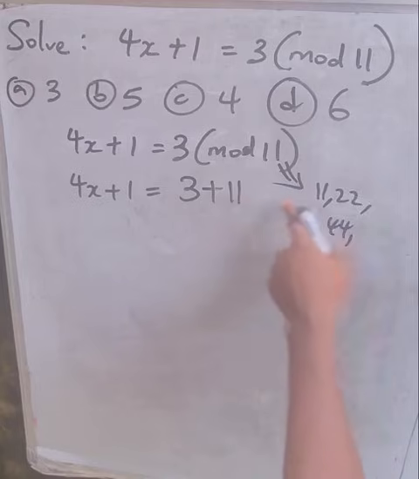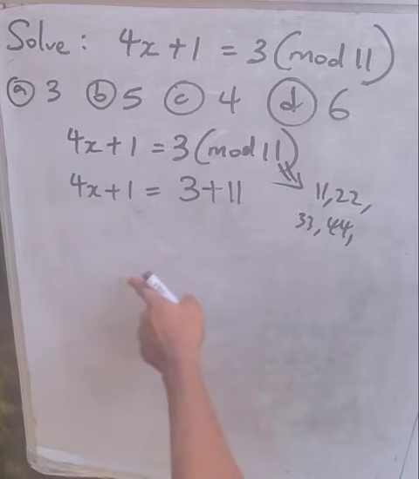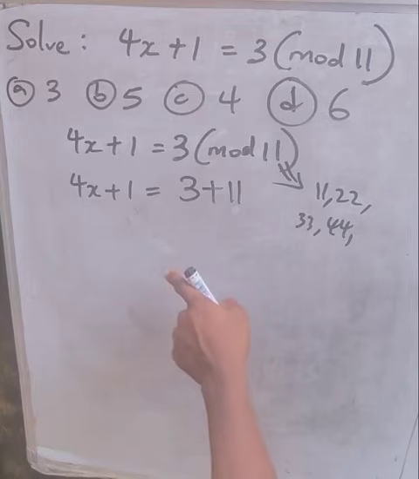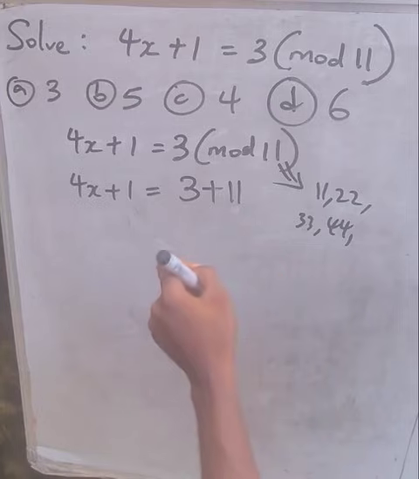So I can put any multiple of 11 here to solve this, provided that I get my x to be a particular value. Let it not be a decimal or a fraction. It must be an integer.